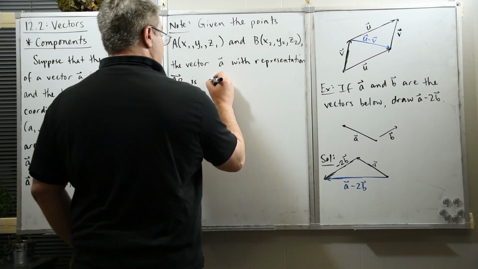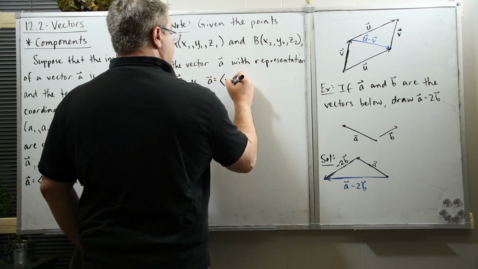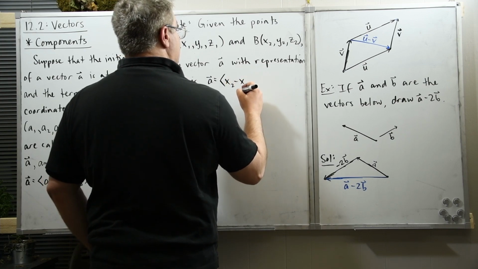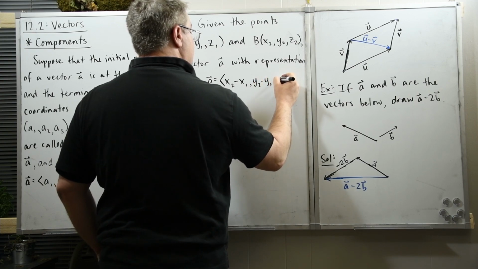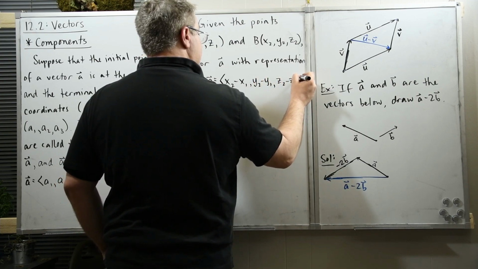We'll have A. First component will be x2 minus x1. Second component, y2 minus y1. Third component, z2 minus z1.